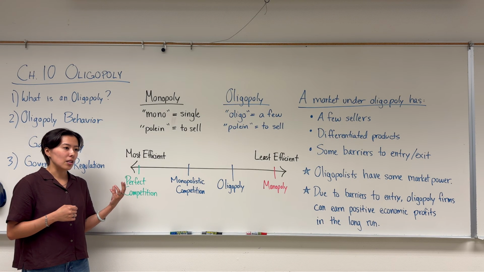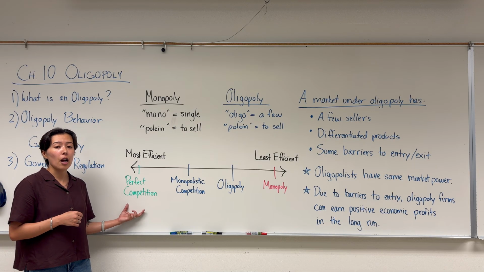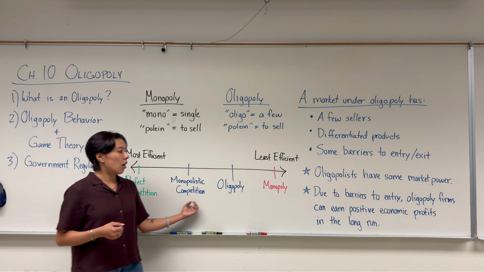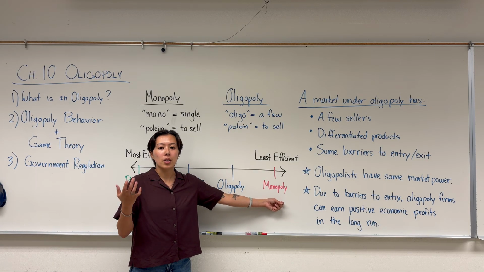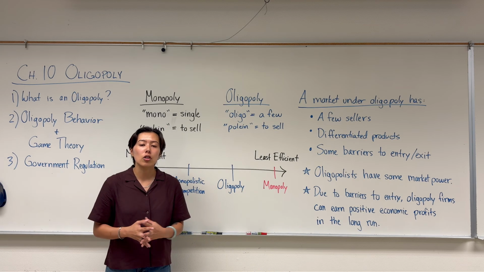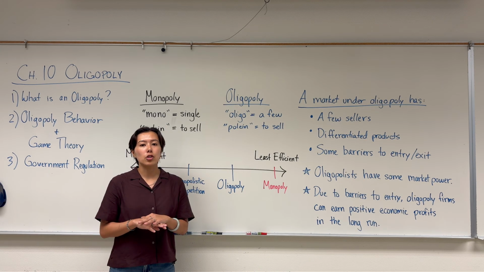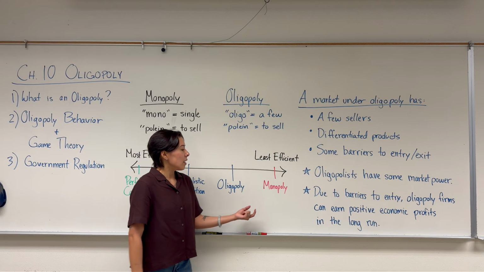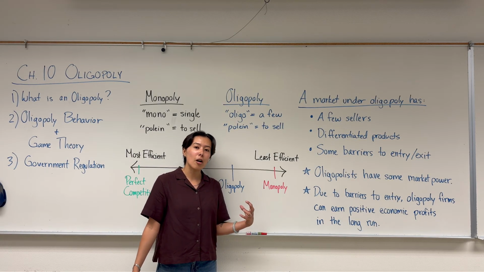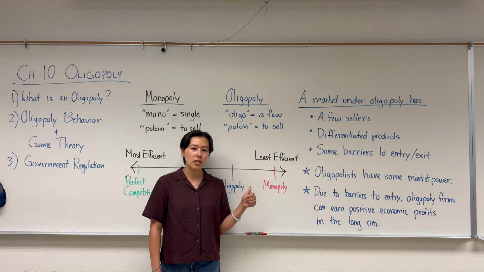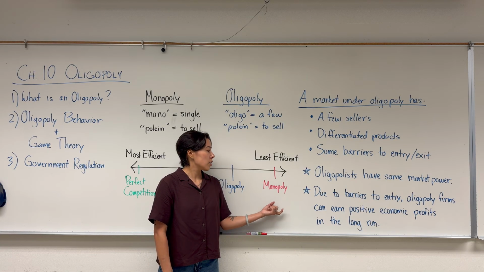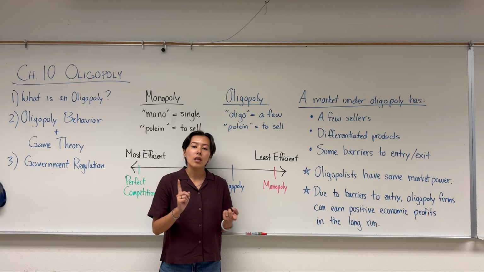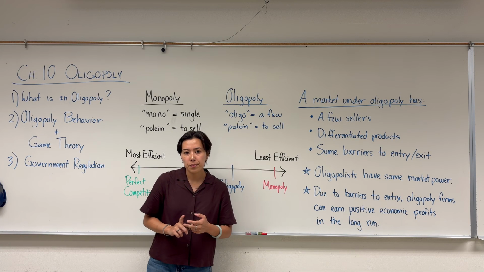So we have the lowest prices and the greatest quantity of output being produced under perfect competition. On the other end of the spectrum, we have monopoly, which is our least efficient market structure. We have just one firm that controls the entire supply. They set the price based on their demand. And because of this, they restrict their output to raise the price of their product and increase their profits. So under monopoly, we have that deadweight loss or that inefficiency with high prices and low output.